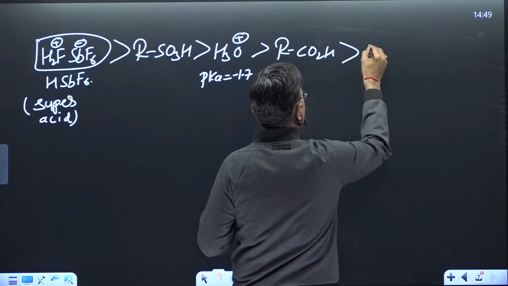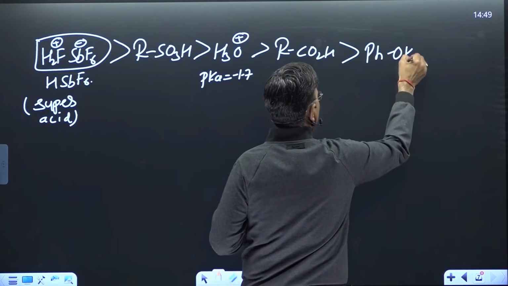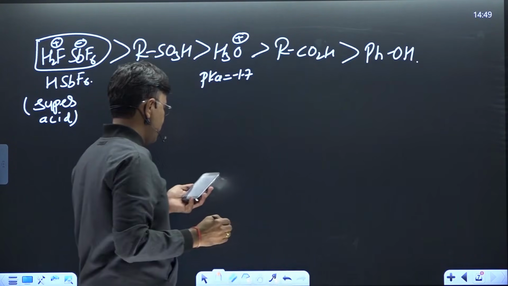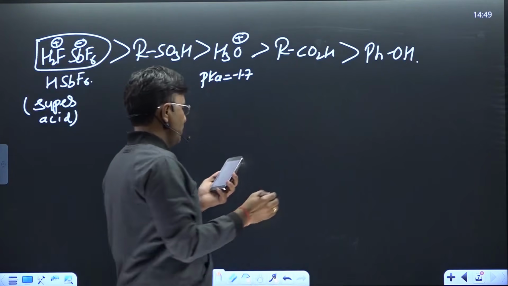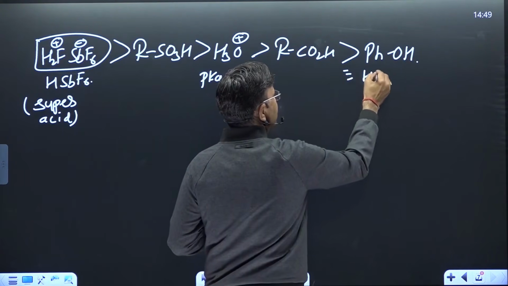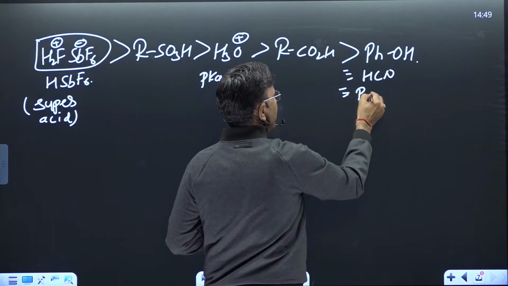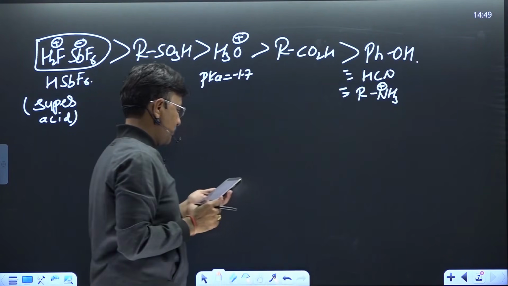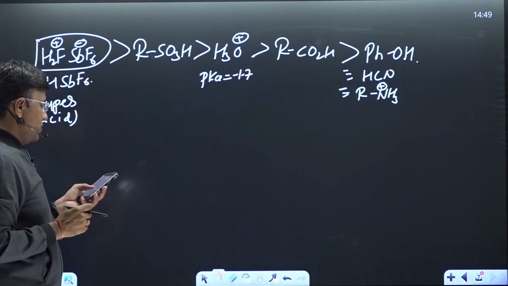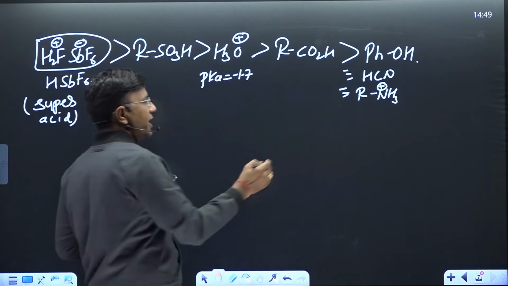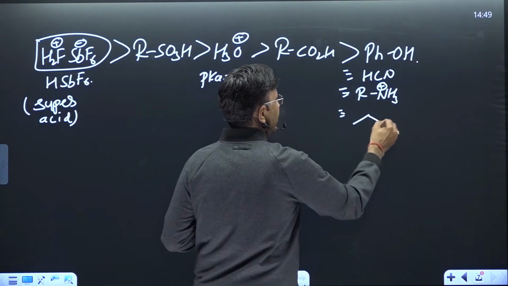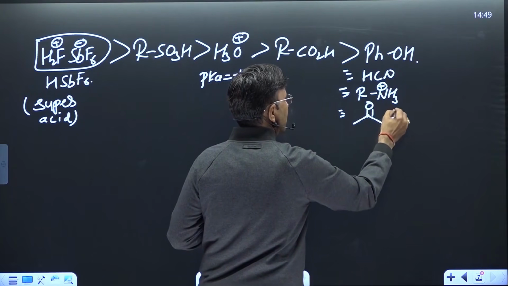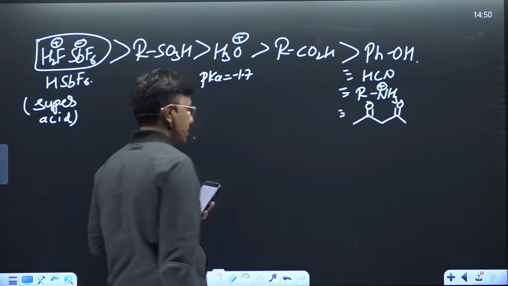After carboxylic comes phenol. What was the pK of phenol, brother? 10. 10, very good. Phenol is almost comparable to RNH3+. And if you want to compare it even more, it's almost comparable to active methylene. And the pK value of phenol is 10.